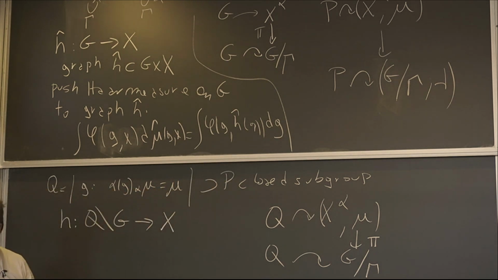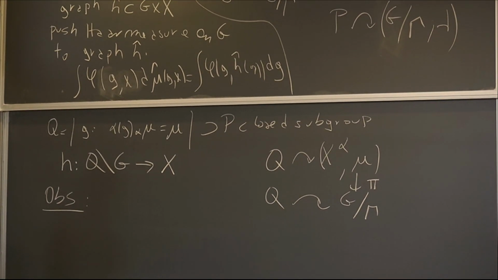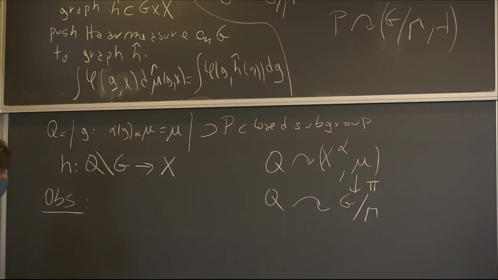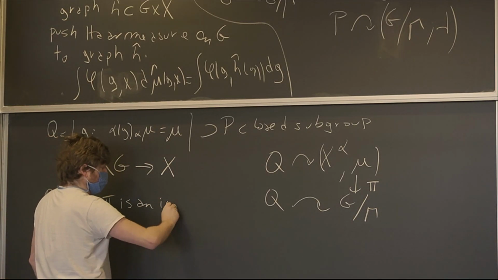Now the first observation, which is very important, and this will help us solve a lot of the issues which would appear later in Katok-Spatzier and even later, is that this pi is an isomorphism.